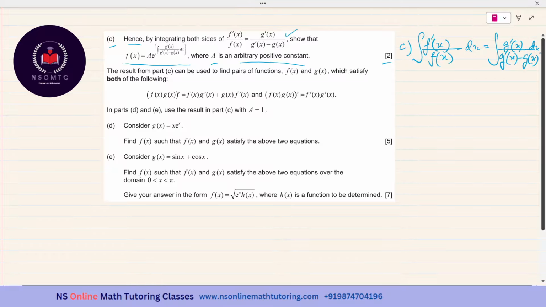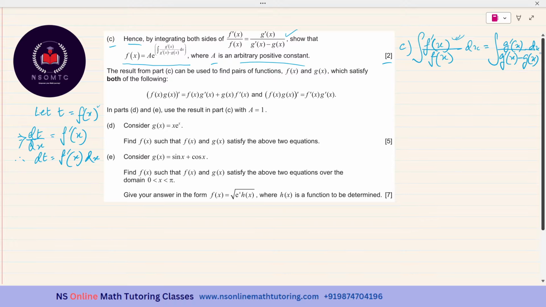So if you have problem in integrating this, let me just substitute. I'm showing the substitution over here. So let t is equal to f of x. So dt over dx is equal to f dash x, because when we differentiate f of x with respect to x, we get f dash x. So therefore dt equal to f dash x dx.